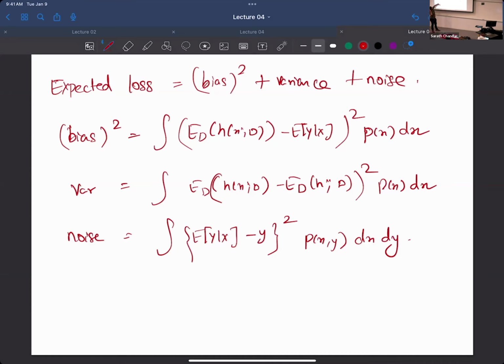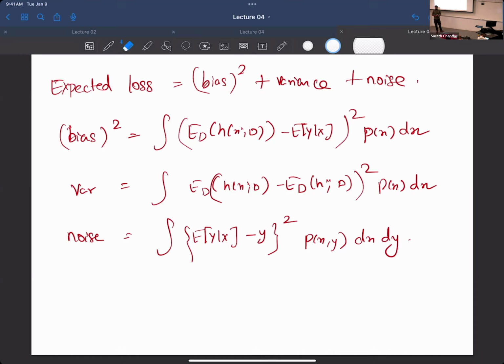The variance, this source of error, comes because you picked a particular data set. So this is the performance of this particular data set in comparison with the average performance across all the data sets. That is the variance. Now, the bias is the error between your model class and the true function that you care about.